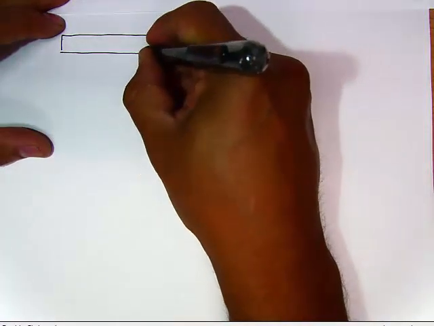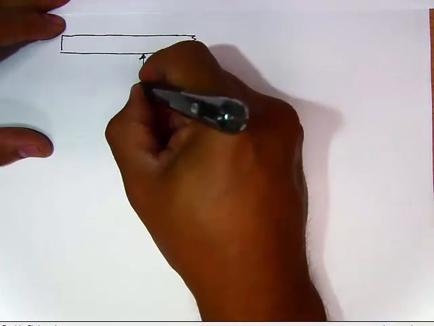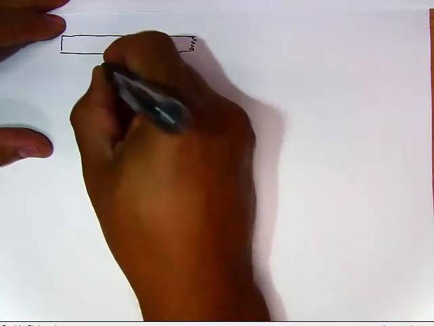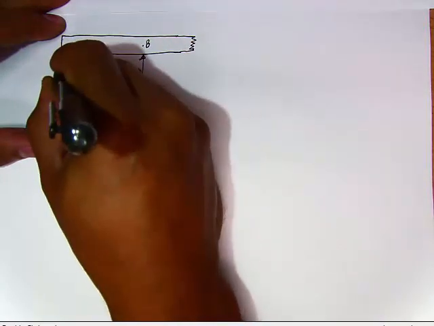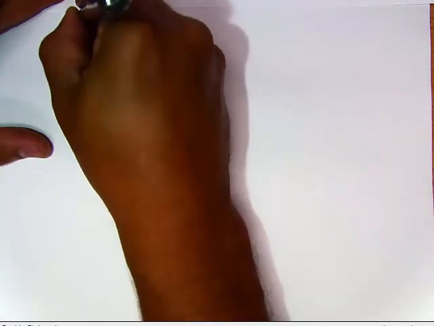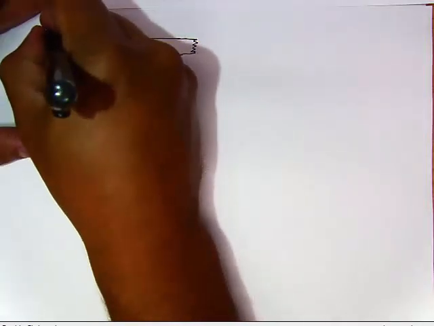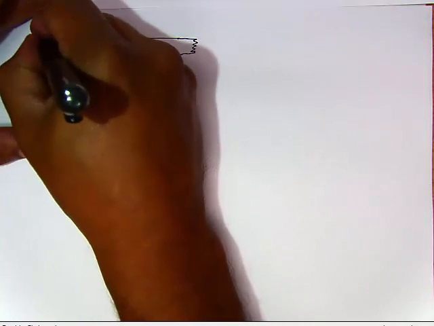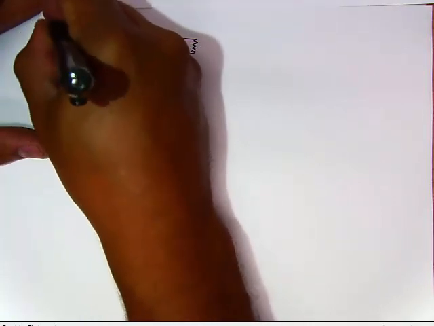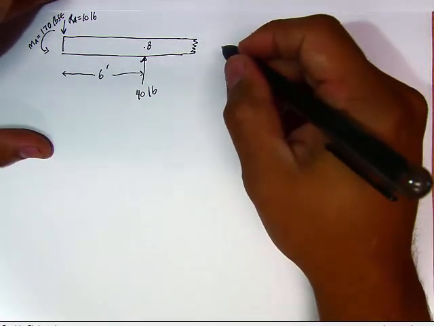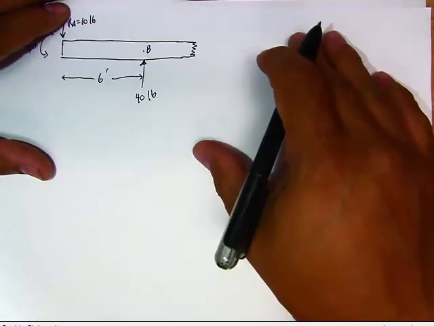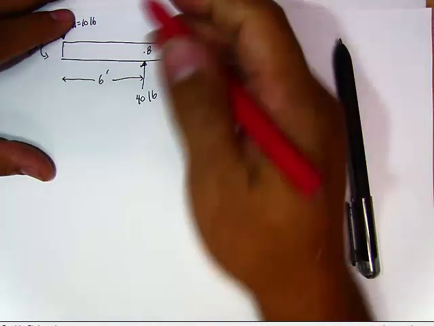We just know that there's a 40-pound point load being applied at point B, which is 6 feet away from the wall, that there's a reactive force, RA, of 10 pounds down, a reactive moment, MA, of magnitude 170 pound-feet. And what else are we missing? Oh, nothing else. That's pretty much it.